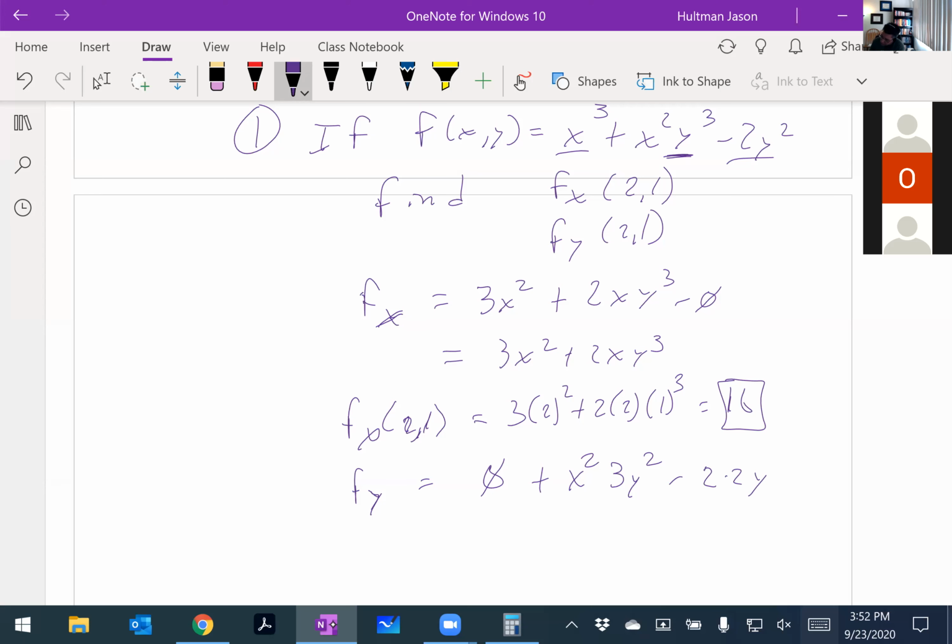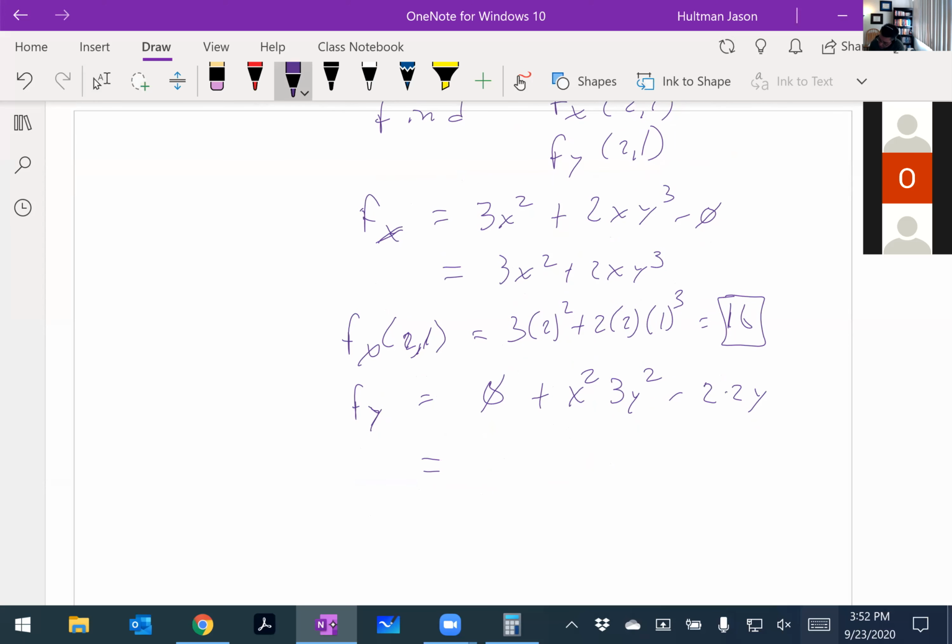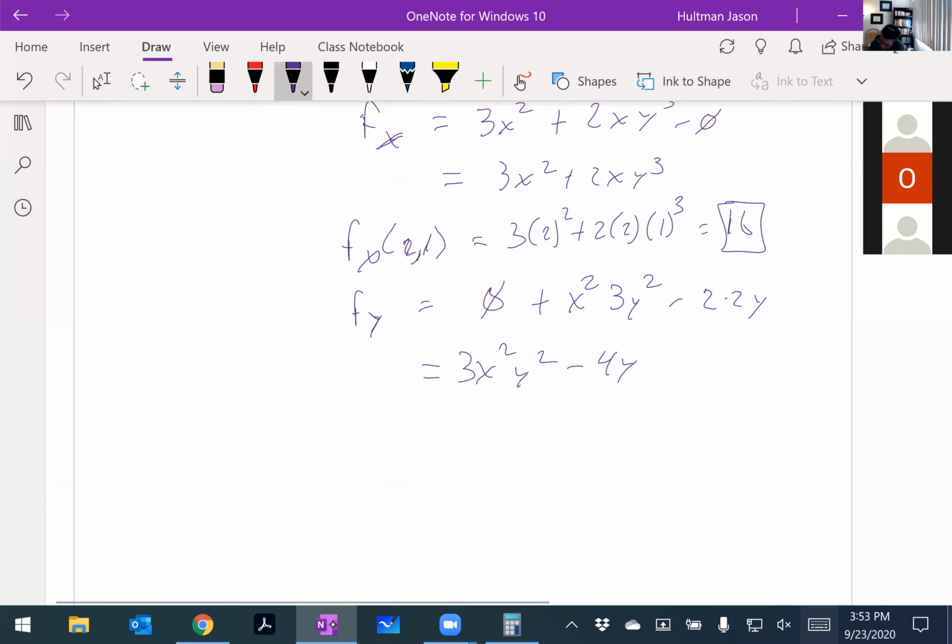If we clean that up, we're going to get 3x squared y squared minus 4y. So we want to evaluate f sub y at (2, 1). So we get 3 times 2 squared times 1 squared minus 4 times 1.